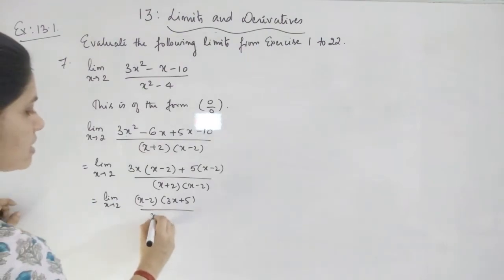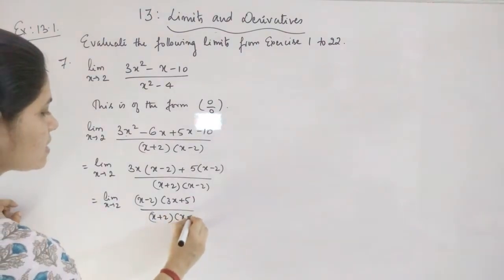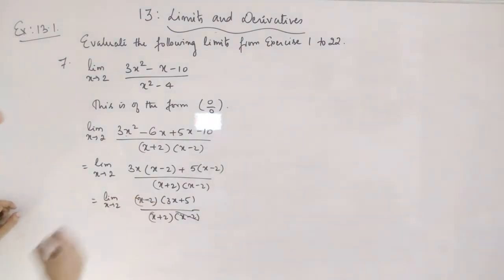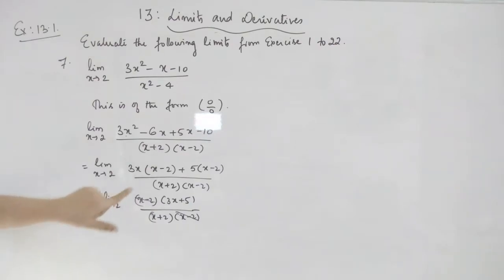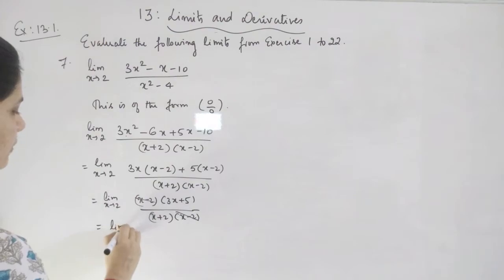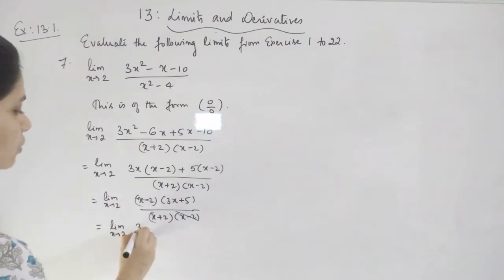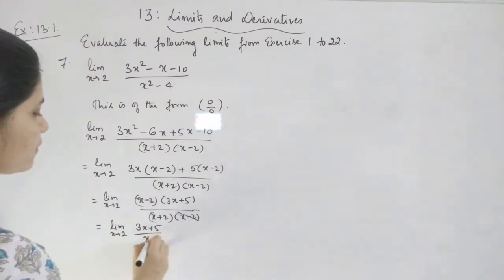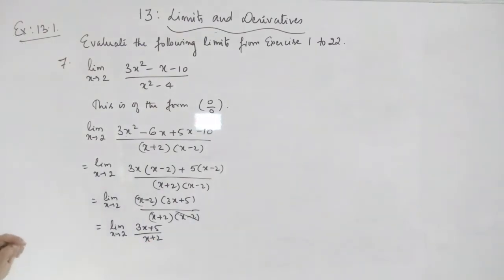Now you can just see there is a common factor in the numerator as well as the denominator which can be cancelled. Now see whether it is possible to put the value of x as 2, that is, in the direct method. Is it not giving you 0 by 0 form? If it is not giving, then you can just replace it.